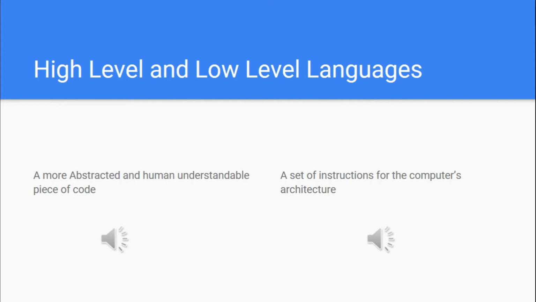Let's see what low-level languages offer us. Low-level languages are a type of language which has little to no abstraction. They are a complete computer instruction set designed for that architecture.